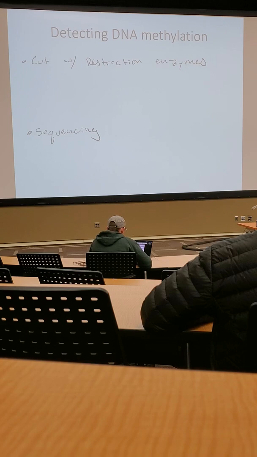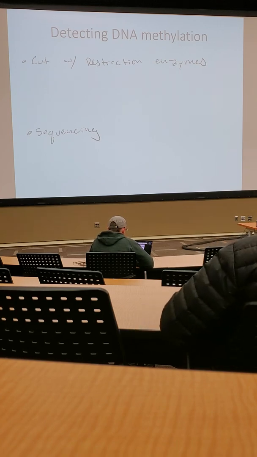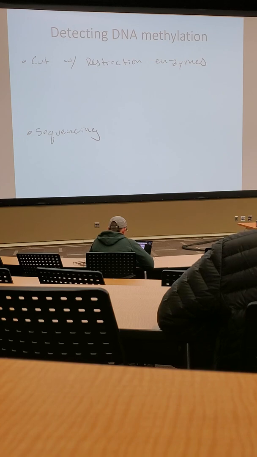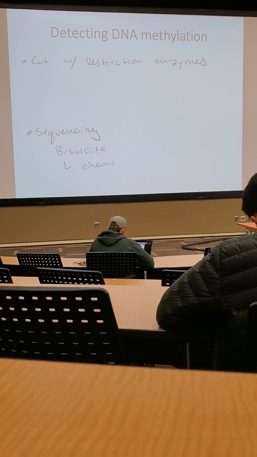Yes, exactly. So we'll see a slide on that, but that's what we're going for. The DNA is the same, it differs in methylation, we can leverage that. We can do a chemical reaction. So this is called bisulfite sequencing. So it's a chemical reaction that's going to convert methylated cytosines.